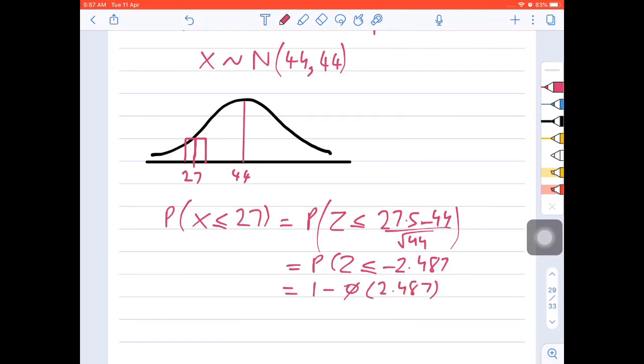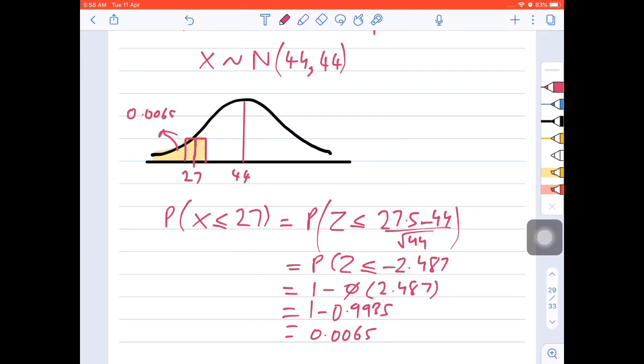So from the z table, phi of 2.487 is 0.9935. So 1 minus 0.9935 is 0.0065.